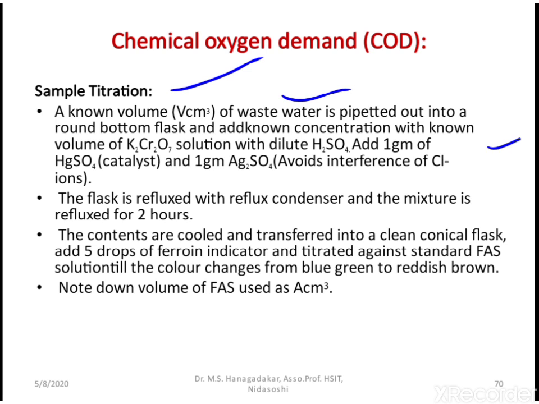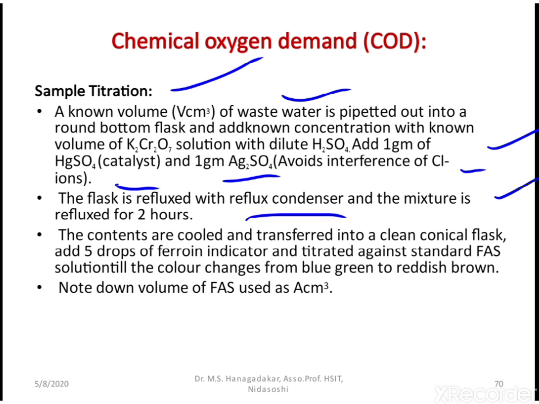Then add 1 gram of mercury sulfate as the catalyst and 1 gram of silver sulfate to avoid interference of chloride ions in the analysis. The flask is fitted with a reflux condenser and the reaction mixture is heated continuously for 2 hours.